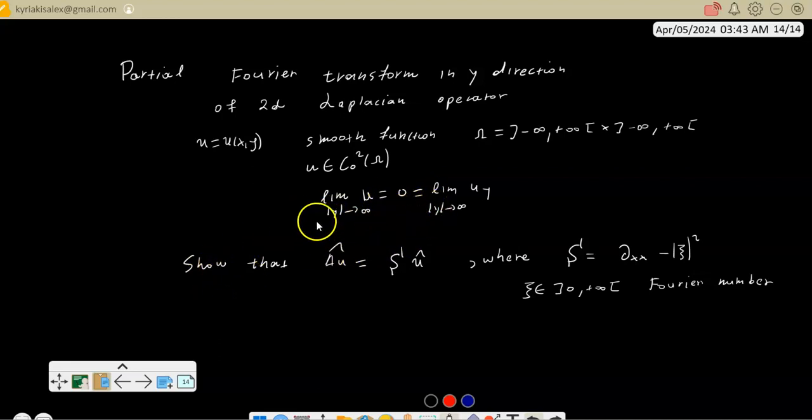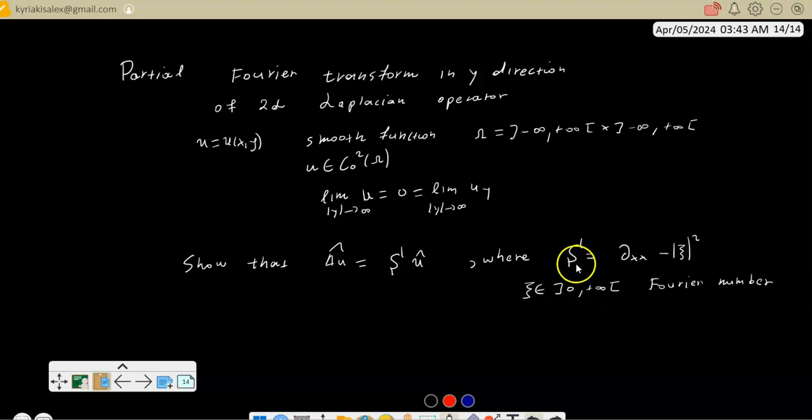And under these assumptions, I want to show that the Fourier transform is S u, where S is this spectral operator involving the Fourier number xi, which is strictly positive.